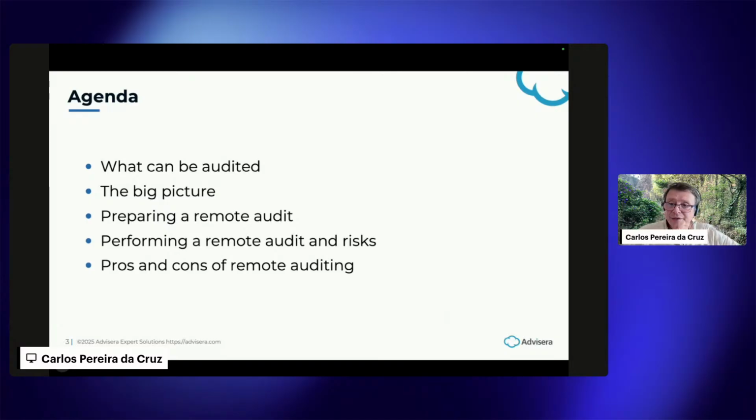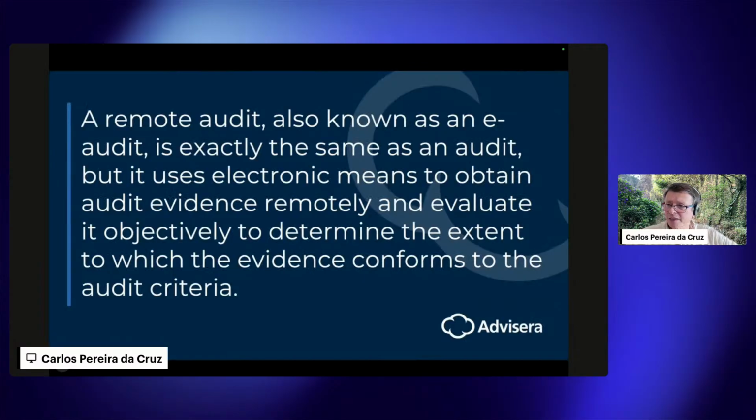Now, let's see. A remote audit, also known as an e-audit, is exactly the same as an audit, but using electronic means to remotely obtain audit evidence and evaluate it objectively in order to determine the extent of conformity to the audit criteria.